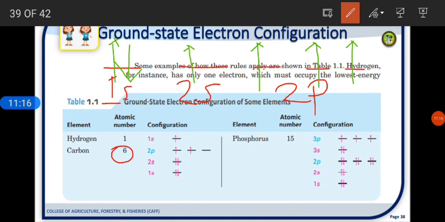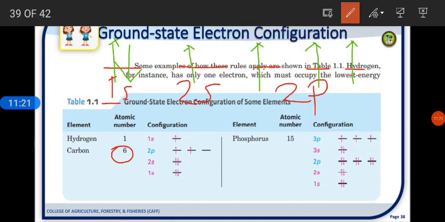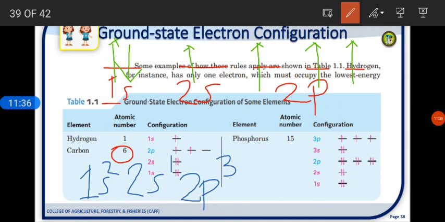So what is the correct electron configuration now? It should be 1s2, then 2s1, and 2p3. Again, the superscripts represent electrons.